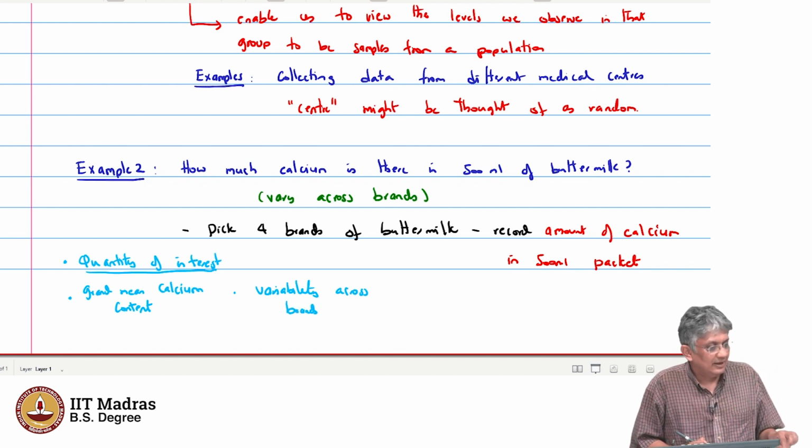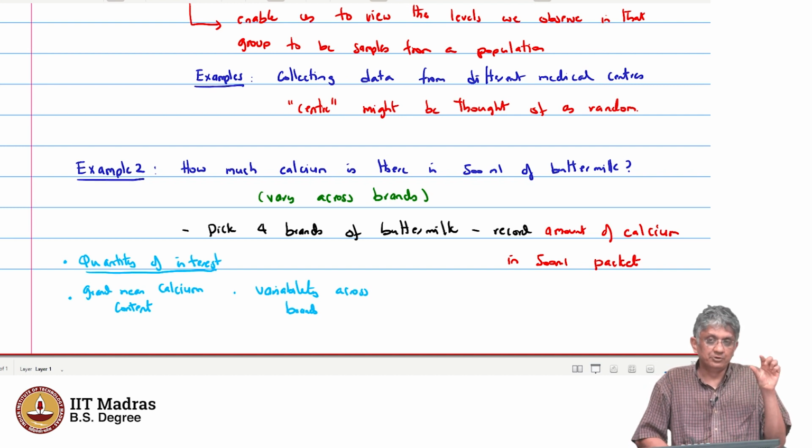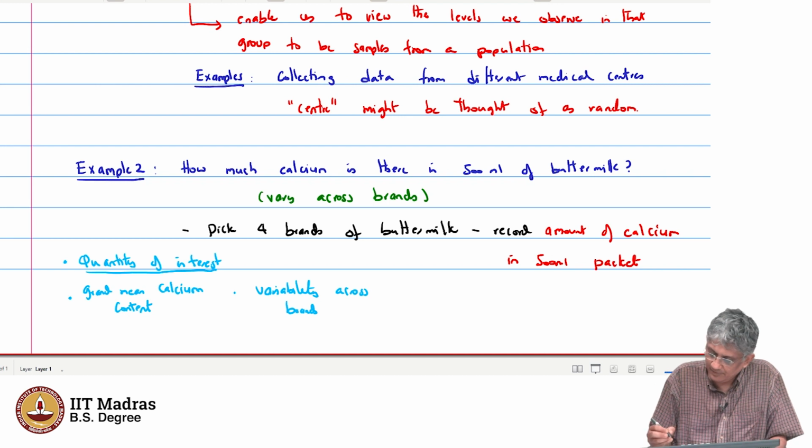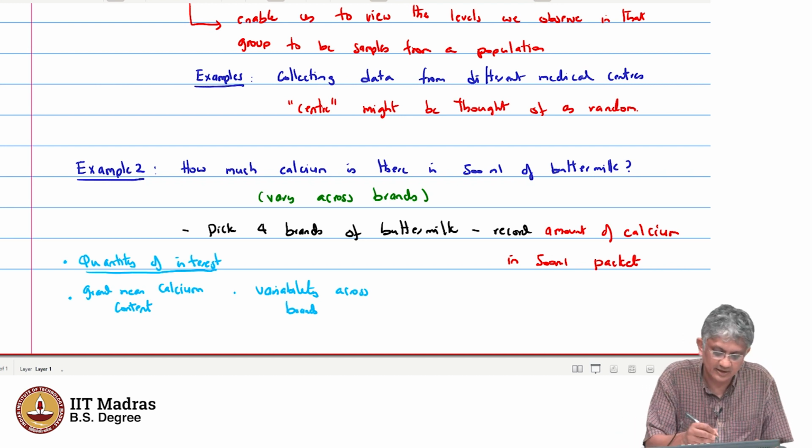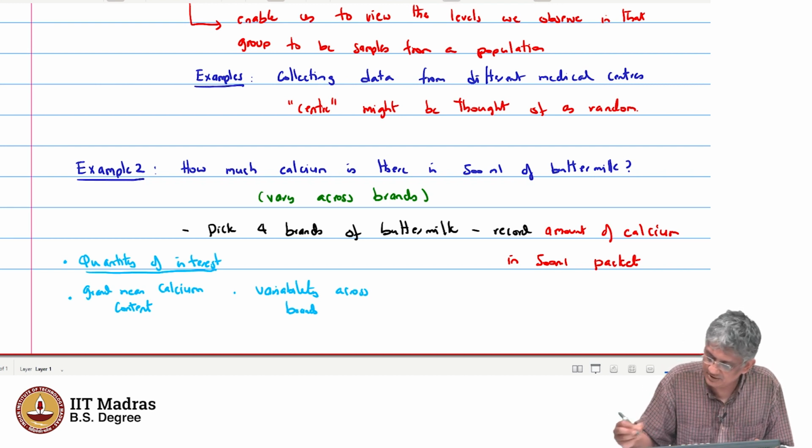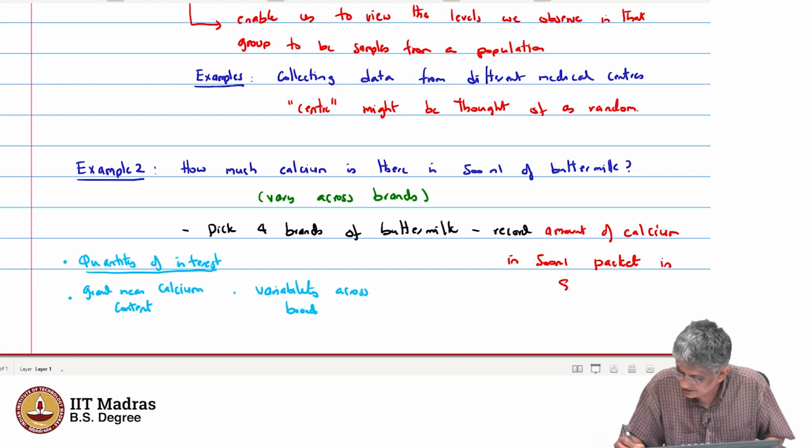So who are the individuals? The individuals are the brands, with repeated measures. Let's say you pick 4 brands and record a fixed number of bottles, let's say 8 bottles.